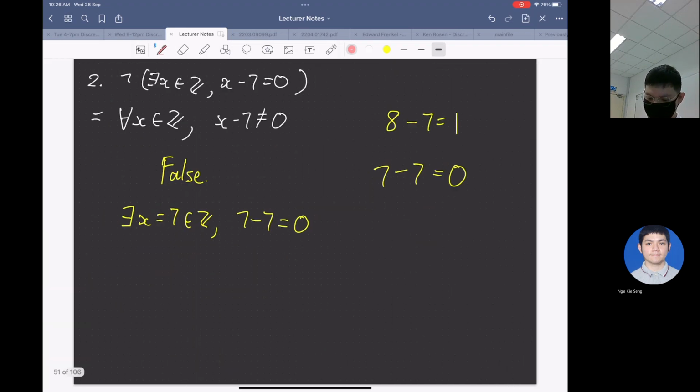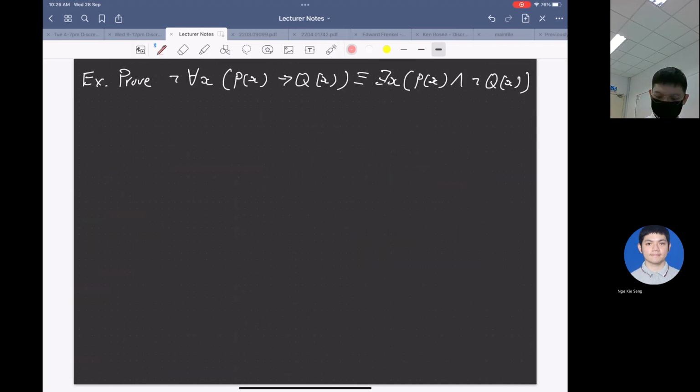Next. Quick, time is moving. So this one: prove that not for every x, P(x) implies Q(x) is logically equivalent to there exists an x, P(x) and not Q(x). You can use the algebra method. The difference here is only that we add in the quantifier and the variable into the statement.